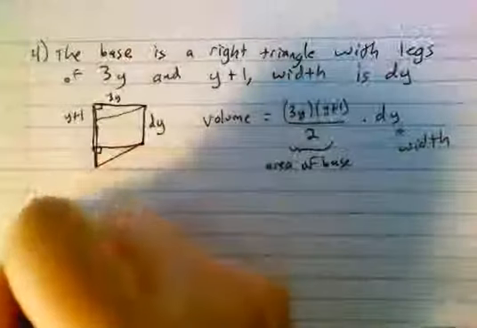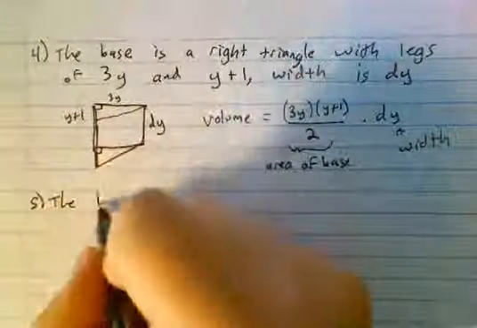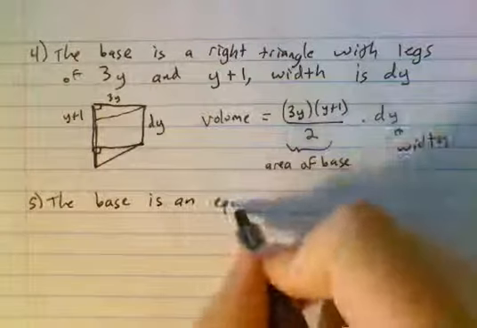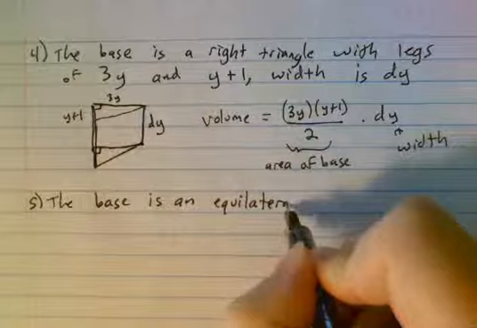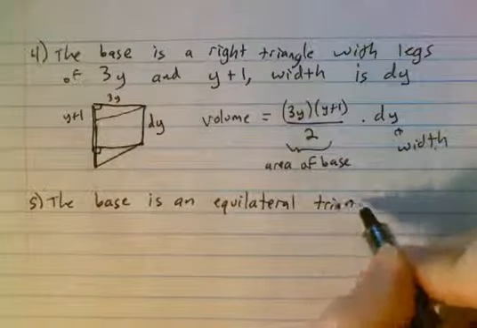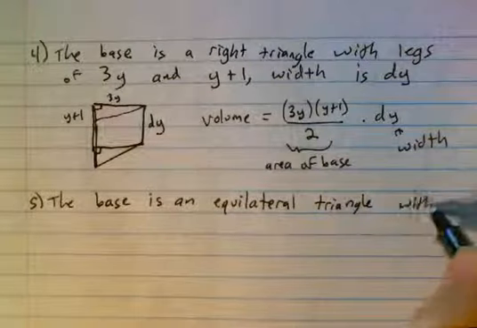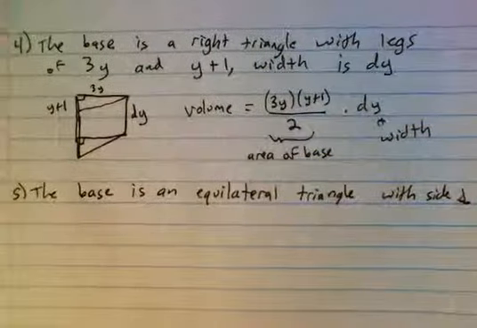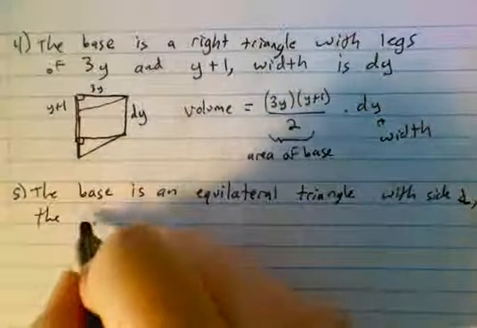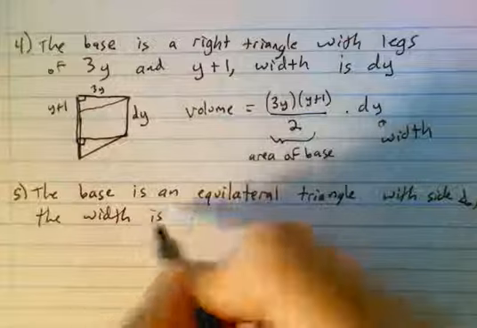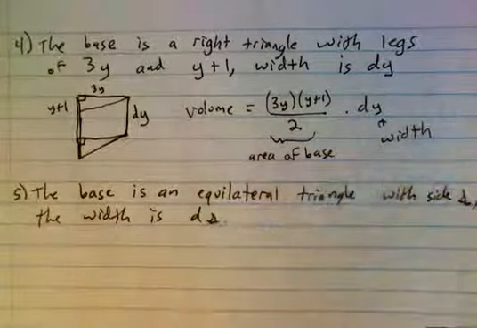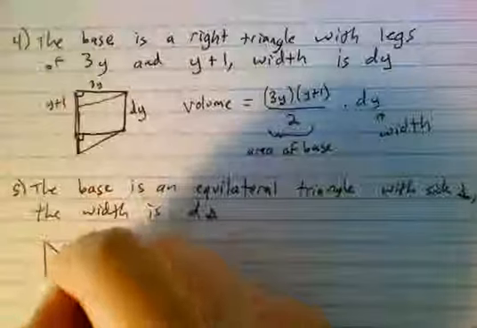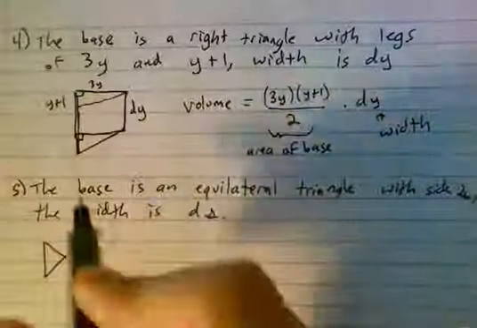Final one is using our new-ish formula. The base is an equilateral triangle with side S. The width is ds. So just for kicks, I'll draw it over here. So that's my best shot at an equilateral triangle.